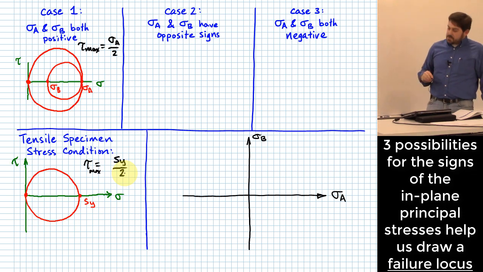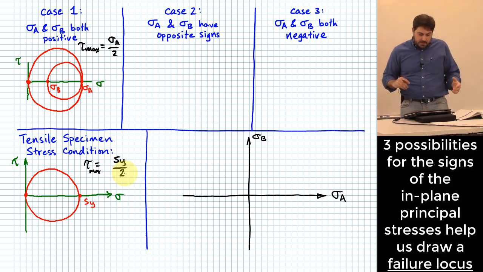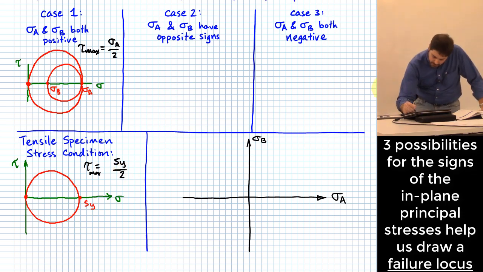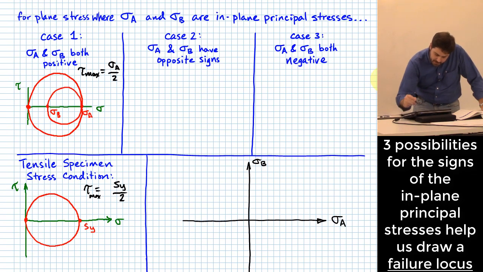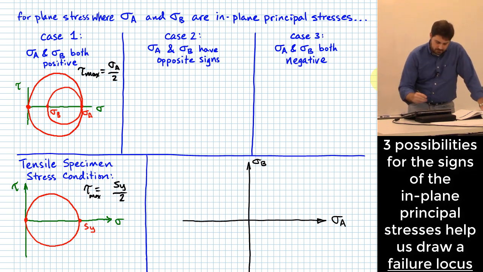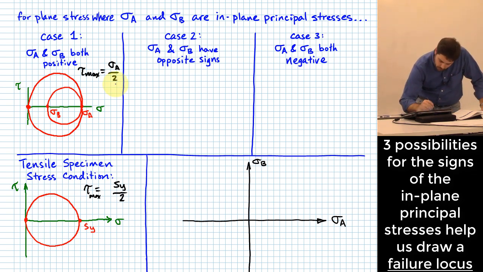And so what I would say out of this is that we should be able to have a statement about how sigma A compares to S sub y right at the point where we predict failure. We just equate these two.